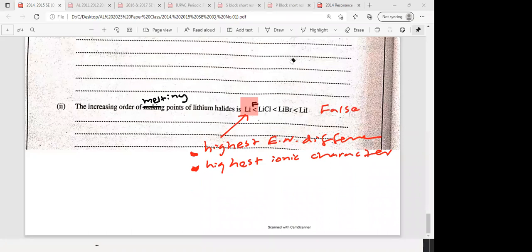Both these lowest. Lithium iodide, it's lowest: lowest electronegativity difference and lowest ionic character, LiI, both lowest. But if someone writes the explanation this way, it is also accepted.